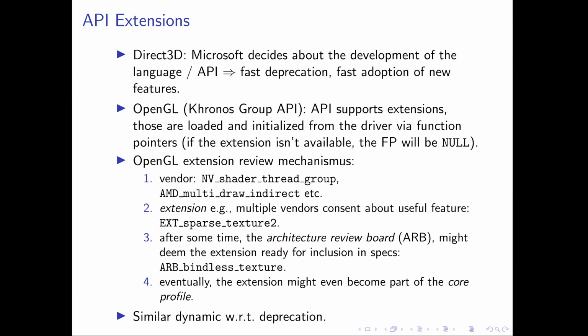The function pointer would be initialized by the API. And if the extension is just not available, because we're on an architecture from a different vendor or because we're on an older architecture, then the function pointer initialization will just fail. The function pointer will become a null pointer, and we can thus easily check if the extension is available or not. So the mechanism is actually quite flexible.